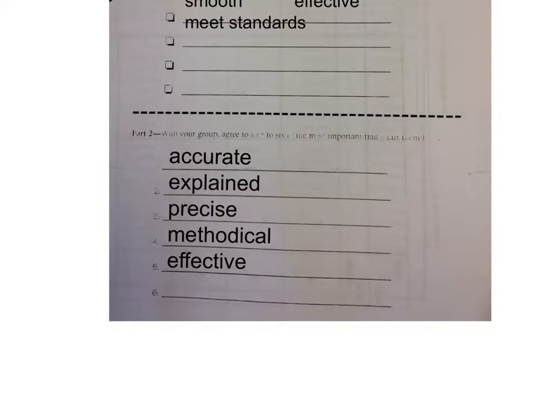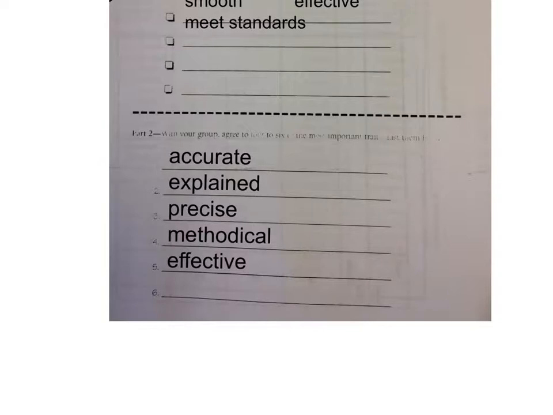traits that students would have when doing this performance task, when doing the dilation of the logo. So we've determined that it's important for them to be accurate, that they can explain it, that they are precise, methodical, and effective.